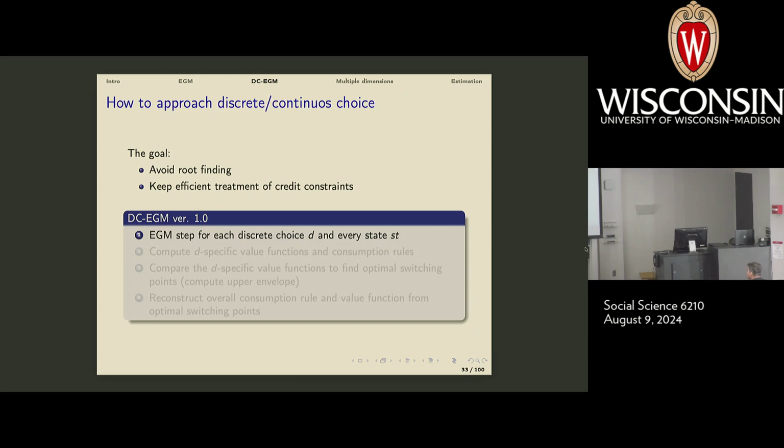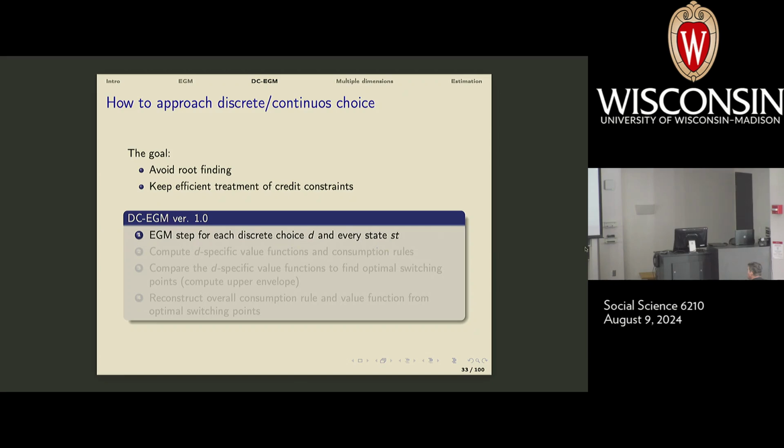Let's just do it. The goal for this generalization is to still avoid root-finding operations, which seems to be the main selling point of the whole method. And we want to keep efficient treatment of the credit constraint. So the idea is to run EGM for each discrete choice at every state.